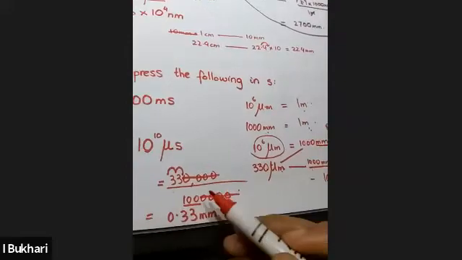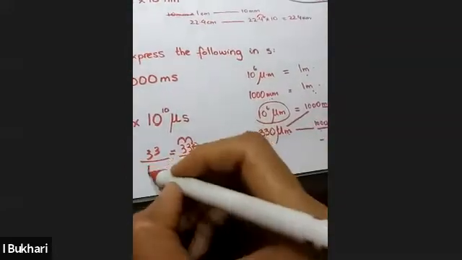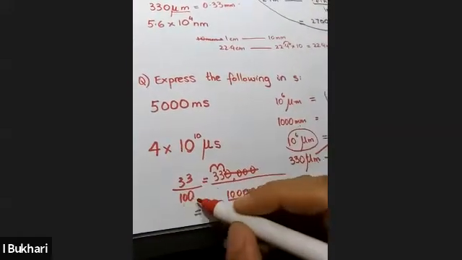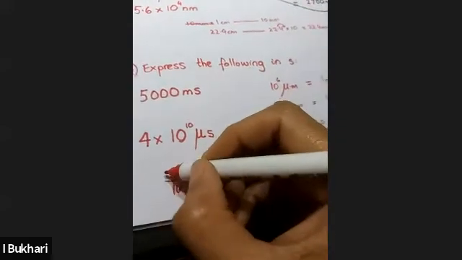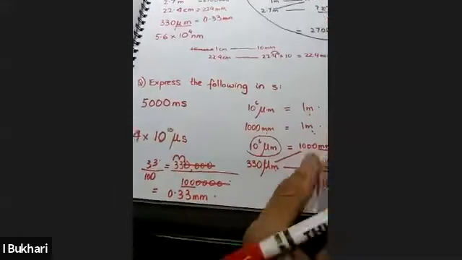What I am left with is 33 divided by 100. And that's easy, right? Because there are 2 zeros in the denominator, the decimal place jumps back 2 places. So I get 0.33 millimeters, okay?